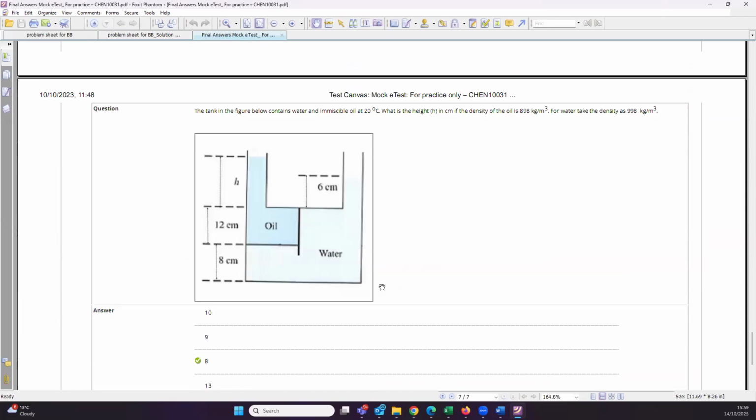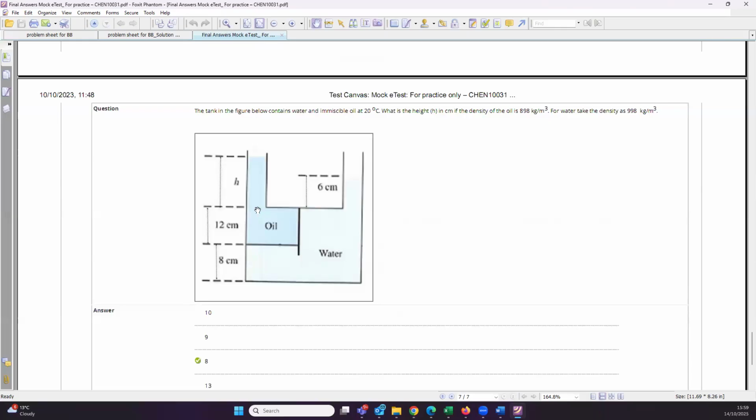Okay, yes. So this is again a very similar question. You are given a container with different sections filled with different fluids. So in this section you have oil, in this section you have water, and again you are given different dimensions.